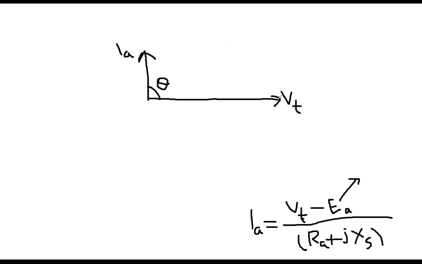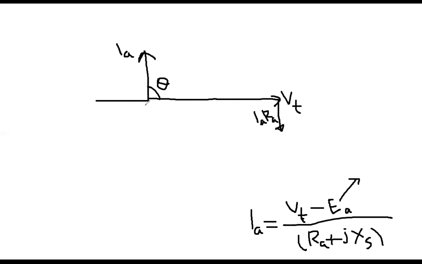If it were a generator, then IA RA would go in the upper direction, parallel to that one. But I have to come downward. For example, this is my IA times RA. And then if it were again a generator, I would go in that direction, 90 degrees ahead, to represent the jIA XS drop.